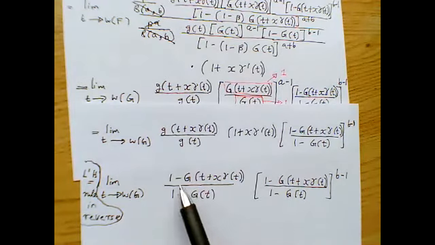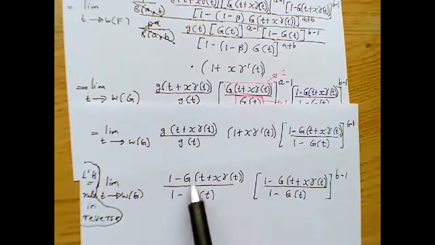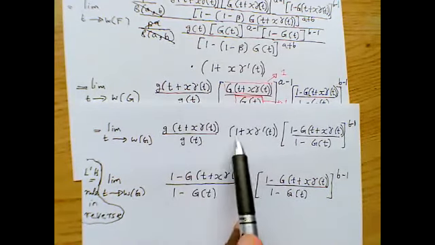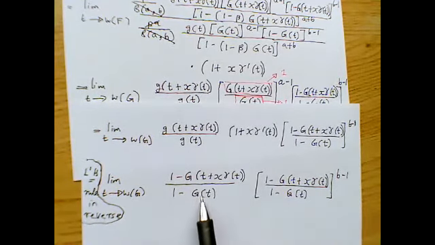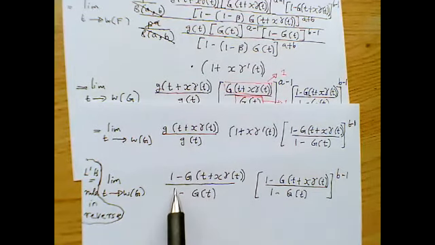That is, if you differentiate this with respect to t and this with respect to t, you will get precisely what you have here. The derivative of this with respect to t is this times this, and the derivative of this with respect to t is this. So I have applied the L'Hopital's rule in reverse direction.